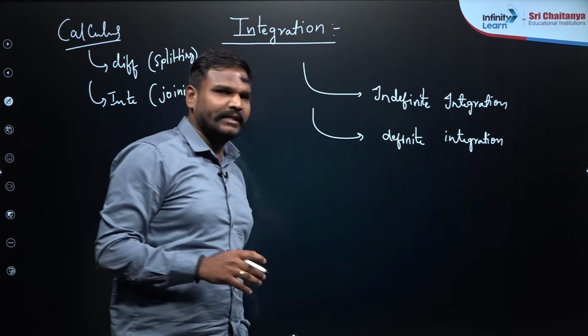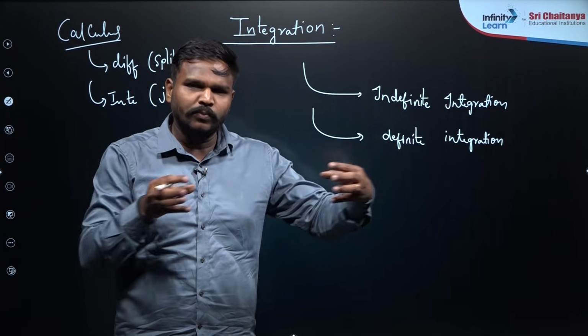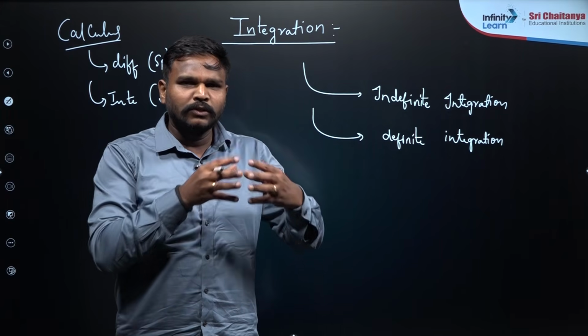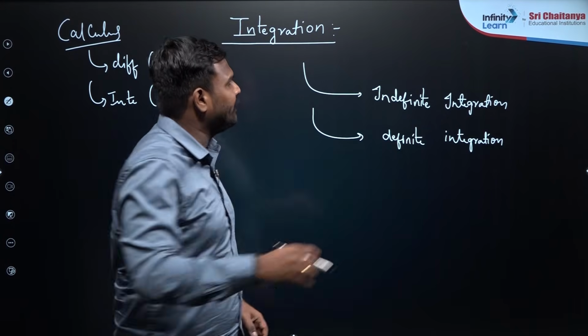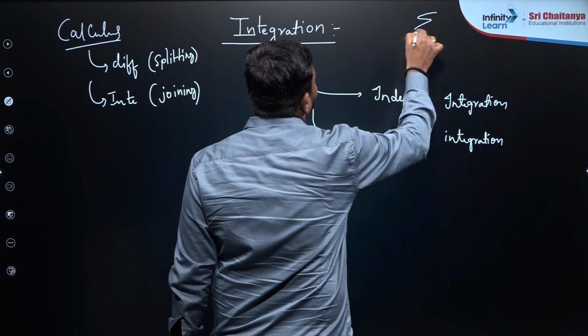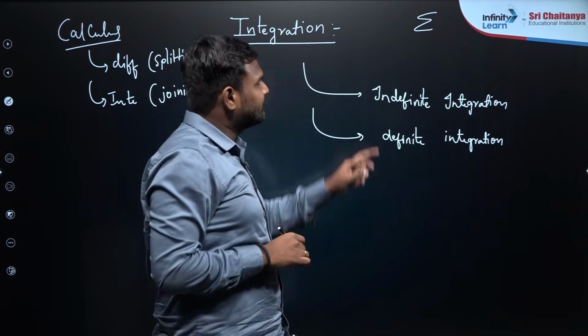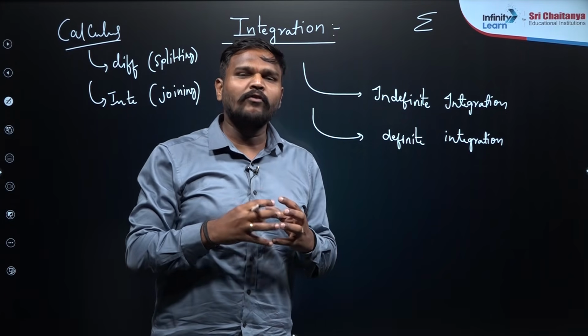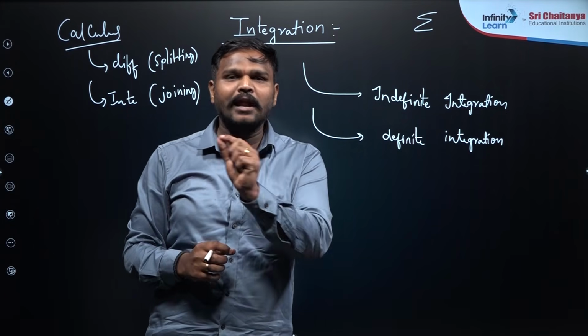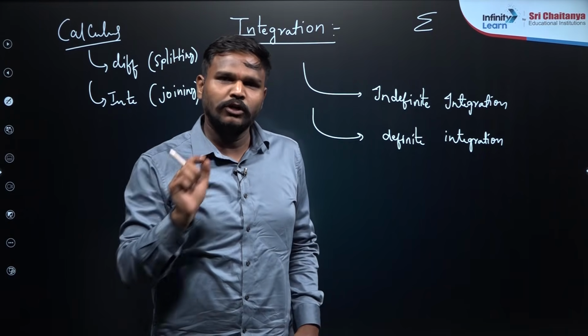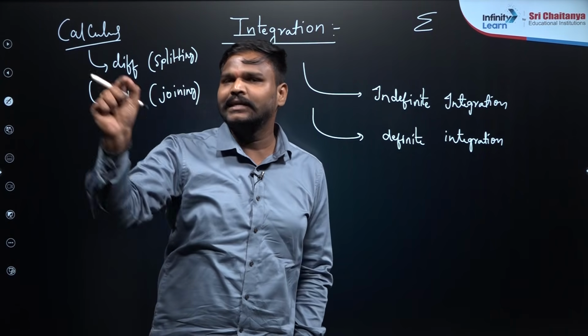This particular integration where all the small pieces we are getting, it is similar to summation, sigma. Summation is when we want to add particular numbers, discrete values, 20 plus 25 plus 30 plus 35.